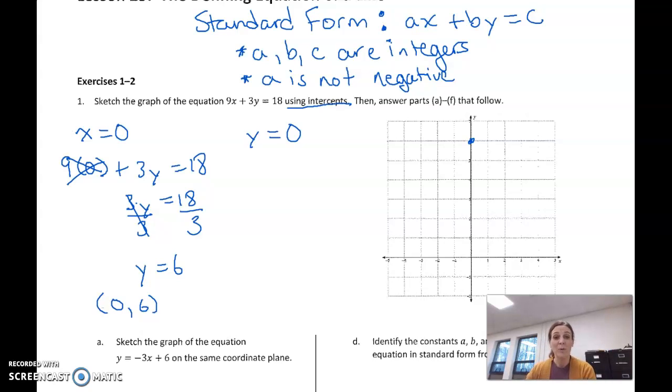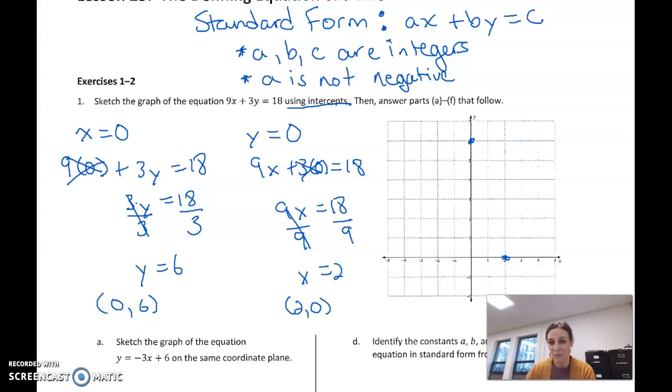Okay? So now we're going to do this again, but this time we're going to put 0 in for y. So I'm going to say 9 times x plus 3 times 0 equals 18. 3 times 0 cancels out, and I'm left with 9x equals 18, and I'm going to divide both sides by 9, and x equals 2. So I can go to my x-axis at 2 and put a dot, or think of this as the point 2, 0, which ends up right there.